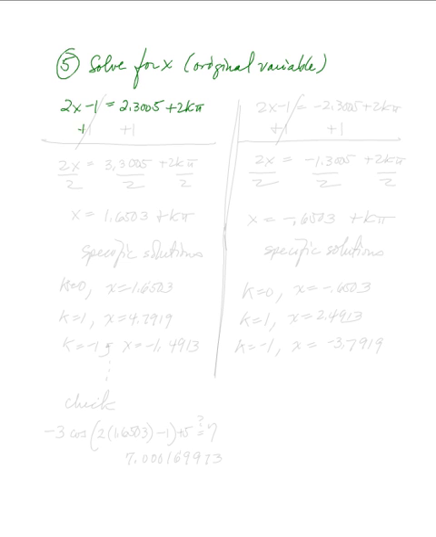And so here you're going to add 1 to both sides. Get 2x equals 3.3005 plus 2k pi. And now you just divide by 2. Remember, every term gets divided by 2. So you have x equals 1.6503 plus k pi.